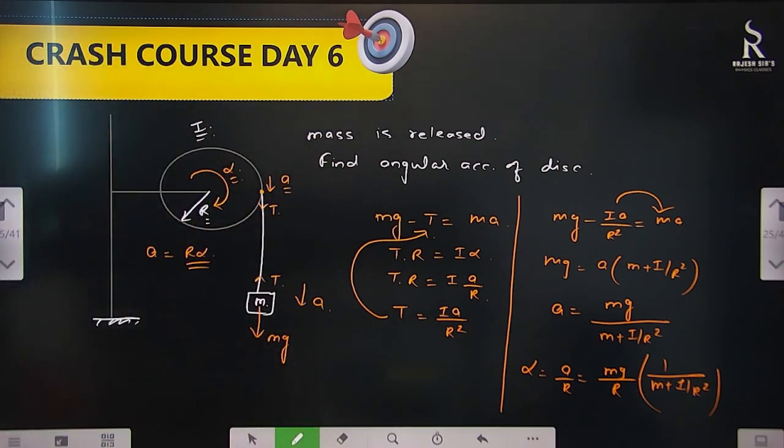Okay, like this we can solve a question which looks similar to laws of motion but is asked in rotation from us. Right, so this way these simple torque questions are solved.